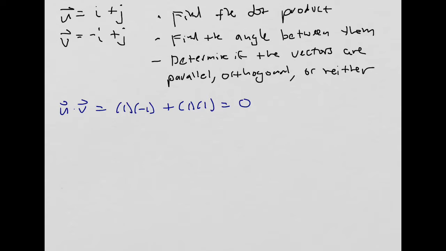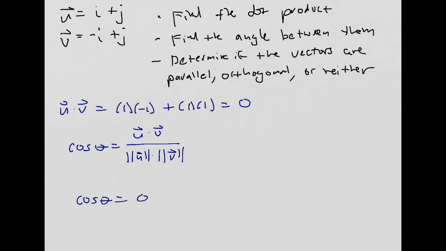We could go ahead and plug everything back into this formula, and essentially we would have to find the magnitude of each of these two vectors. But notice what we get: 0.